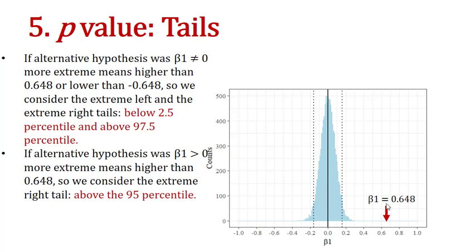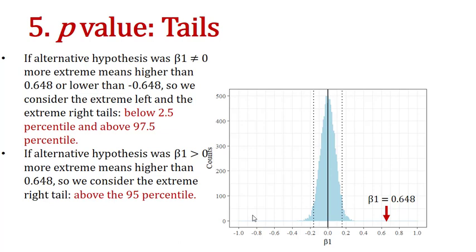So basically we have to look at this part of the distribution, to the right of 0.648, and we have to look to the left of minus 0.648. So we have to add this probability here plus this probability there, and we determine how likely it is.